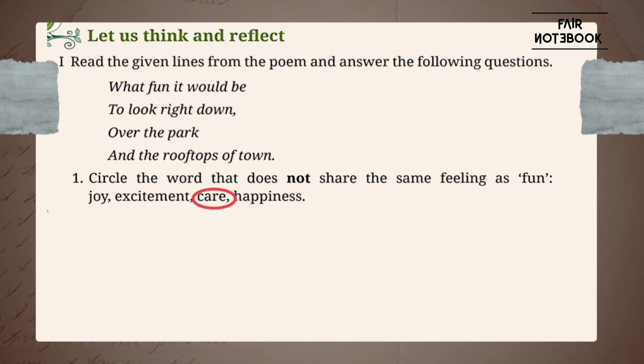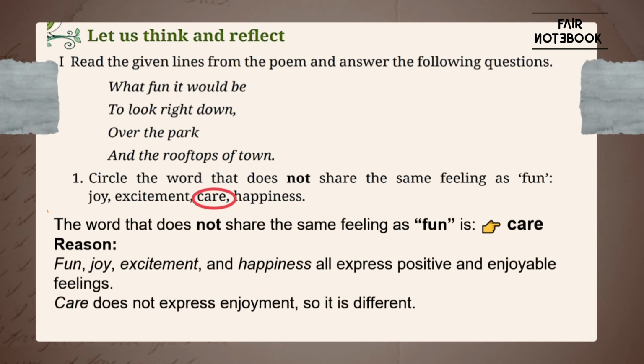Answer: care. The word that doesn't share the same feeling as fun is care. Fun, joy, excitement, and happiness all express positive and enjoyable feelings. Care doesn't express enjoyment, so it is different.